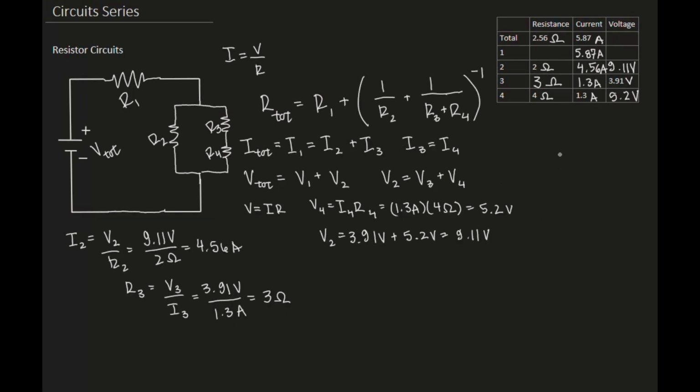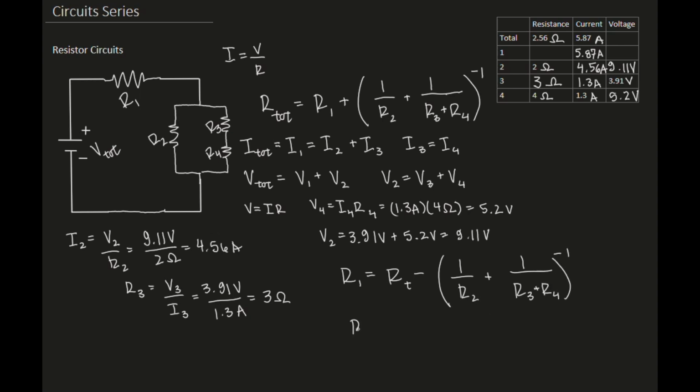The next value we're going to calculate is actually the resistance at 1, and we're going to use the total resistance equation for this. So I'm just going to rearrange it. Instead of saying R total, I'm going to say R1 equals R total minus this whole second term here. So R1 is equal to R total minus 1 over R2 plus 1 over R3 plus R4, and all of that inversed.